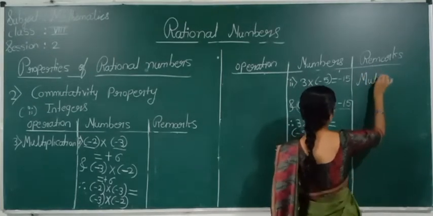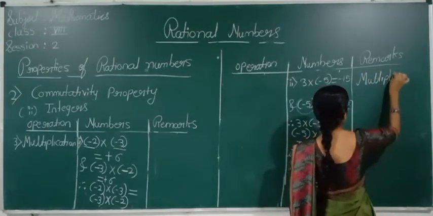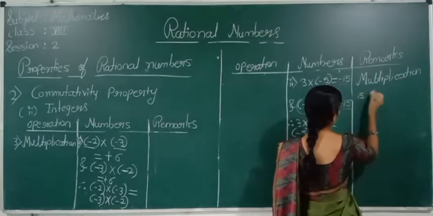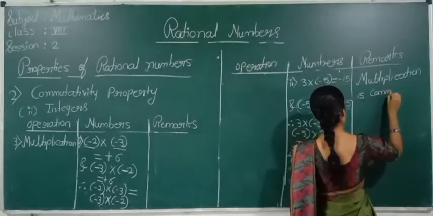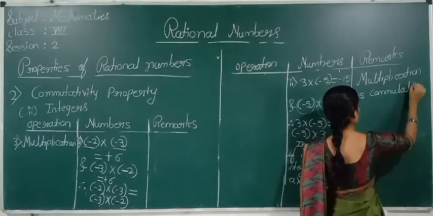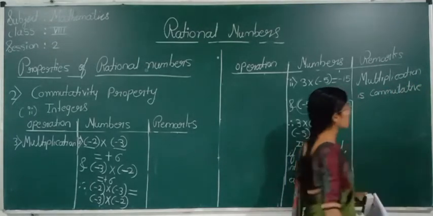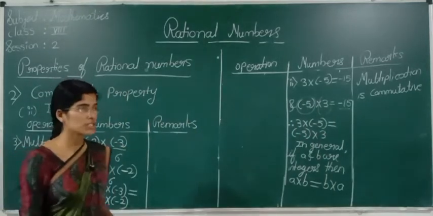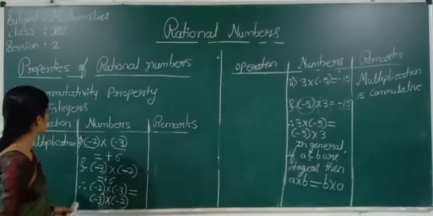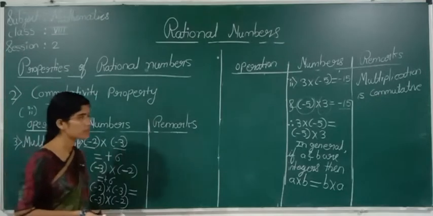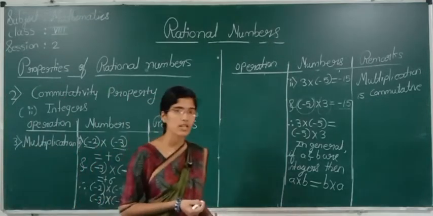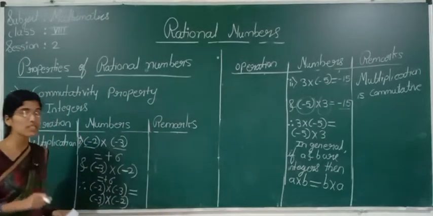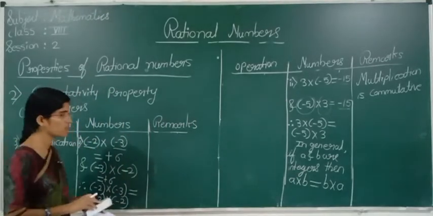Multiplication is commutative for integers. Okay. Now we got that addition is commutative for integers. Multiplication is commutative for integers. Now we will check whether division is commutative for integers or not.